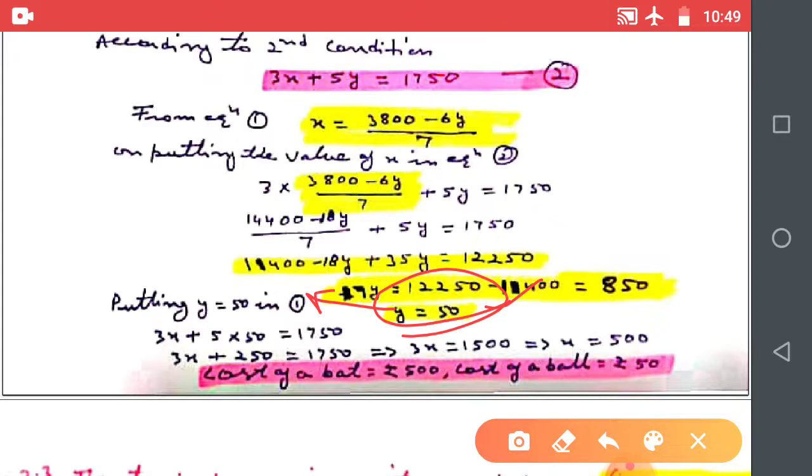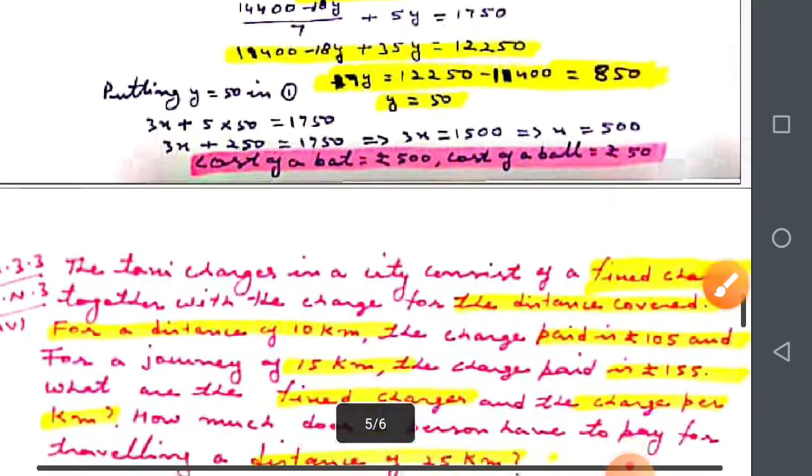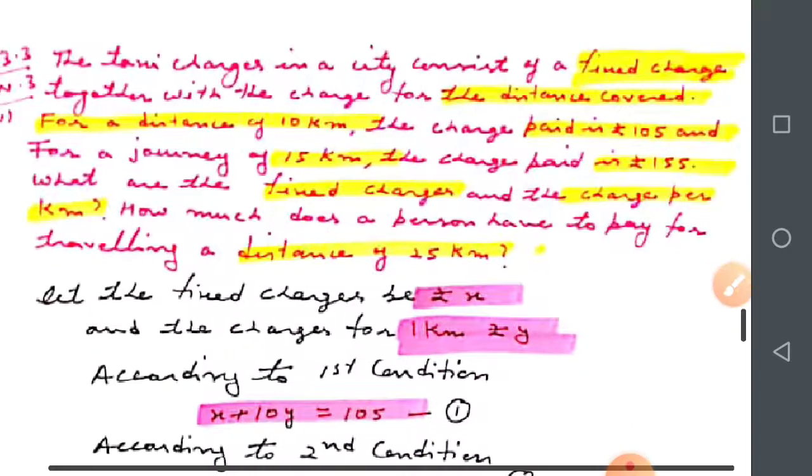So 3x plus 5 into 50 is equal to 1750. So the value of x comes 500. So here the cost of each bat is 500 rupees and the cost of each ball is 50 rupees, right? Now come to the fourth part of this question.